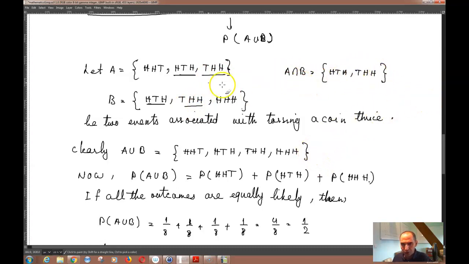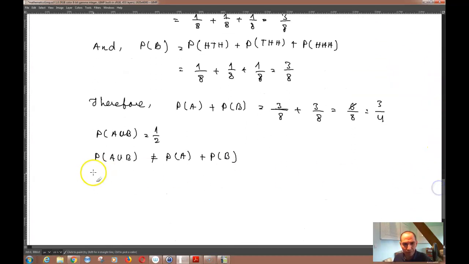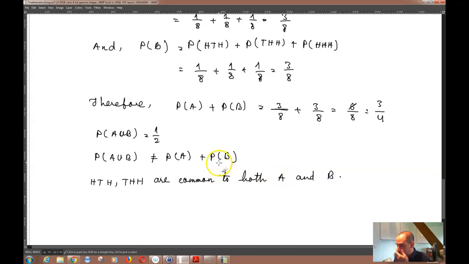So these are common to both A and B. So HDH and THH are common to both A and B, right?